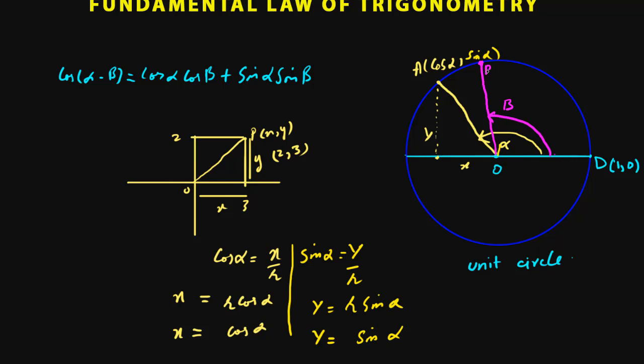That point is B. Now we are going to find the coordinate for B, and the same procedure will apply. For that angle beta, the coordinates are cos of beta and sine of beta.